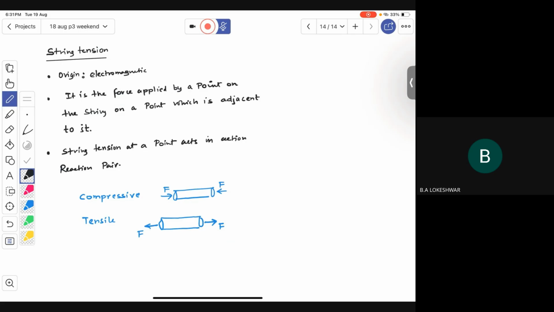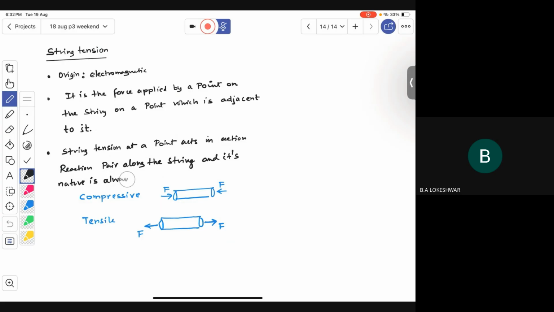So I write down: at any point, it acts in an action-reaction pair along the string and its nature is always tensile.